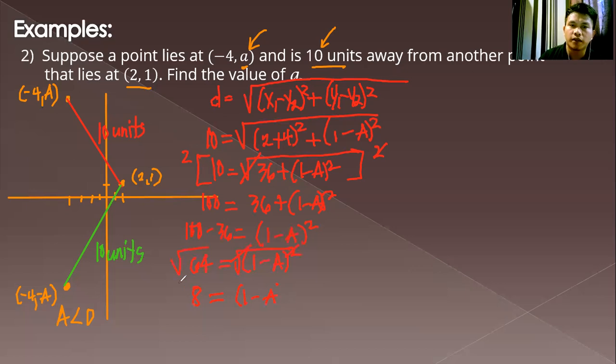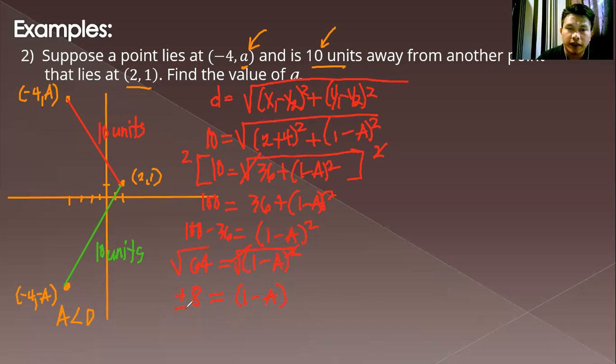Take note that when taking the square root of 64, we can have positive or negative. We have to indicate this because we are referring to the point, not the distance. Kapag distance na pinag-uusapan, there's no negative, but when we are looking for the coordinates, it would be positive or negative.